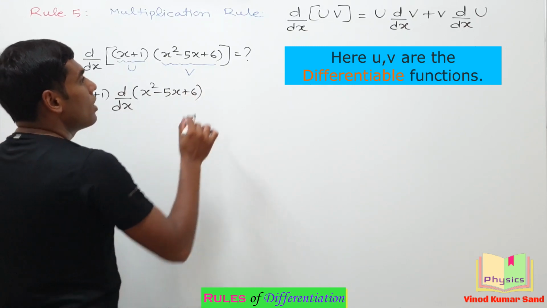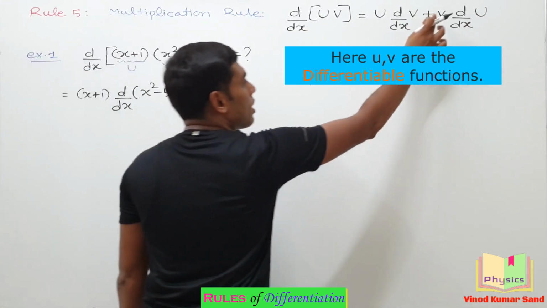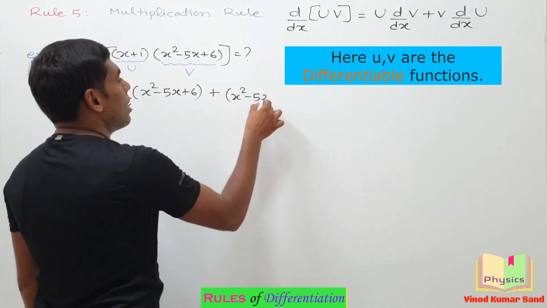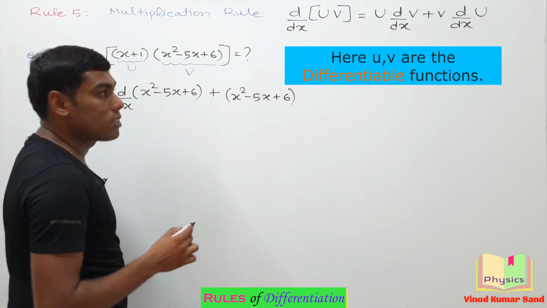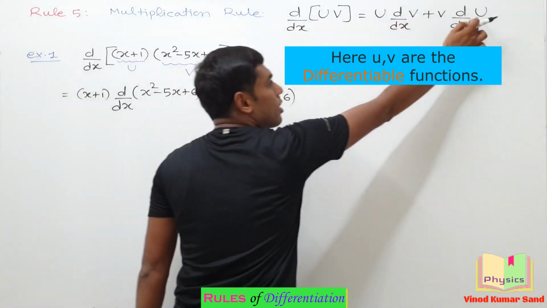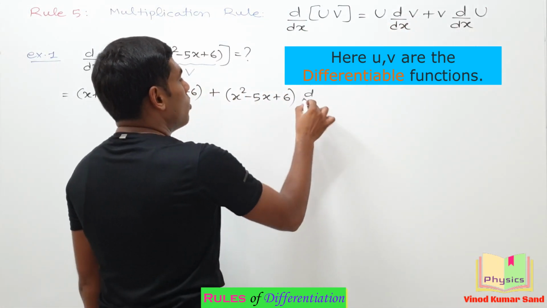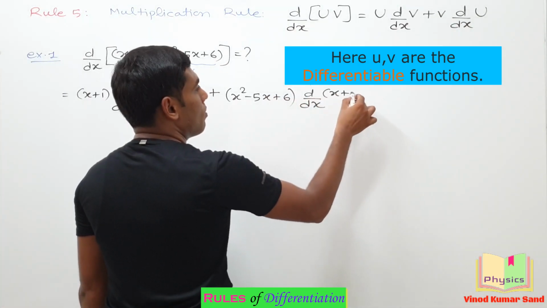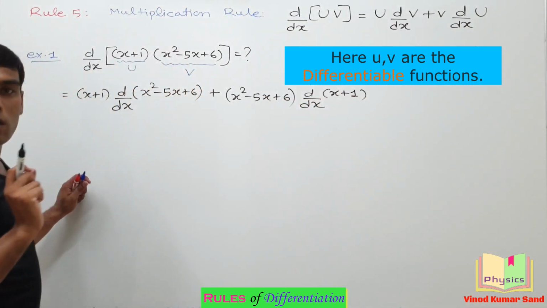Getting my point? Plus now you will keep the v outside. V is x square minus 5x plus 6 and you will differentiate the u. So d by dx of u is this term x plus 1. I hope you get this thing.